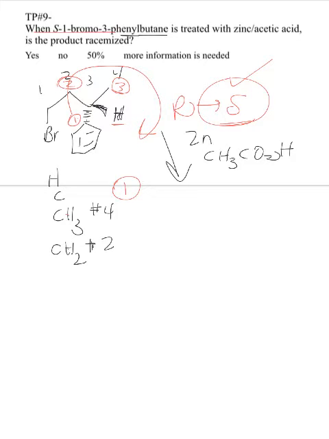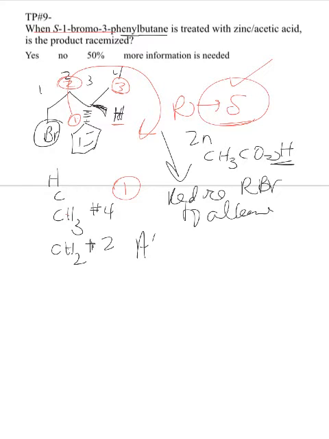Zinc is going to insert kind of like a Grignard reaction, and the acetic acid is going to quench it. So basically, it's going to reduce your alkyl halide to an alkane.